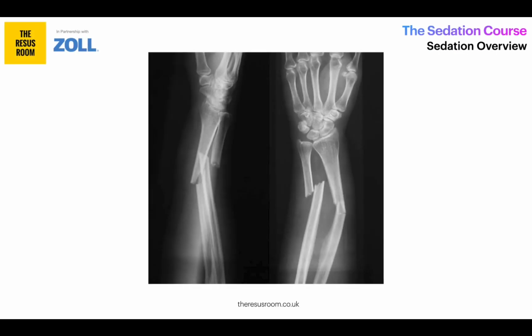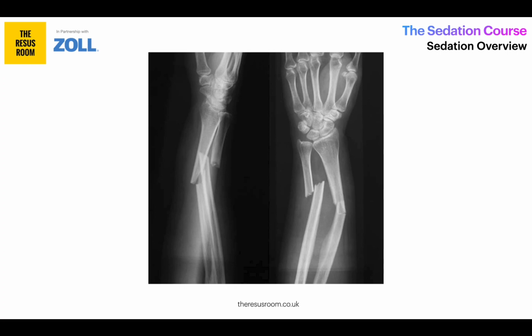Now, sedation can be used to facilitate life and limb-saving procedures, allowing them to be performed in what otherwise would be a completely intolerable manner, down to the more nuanced type of sedation which can just make a procedure that much more pleasant and a much better experience for the patient.